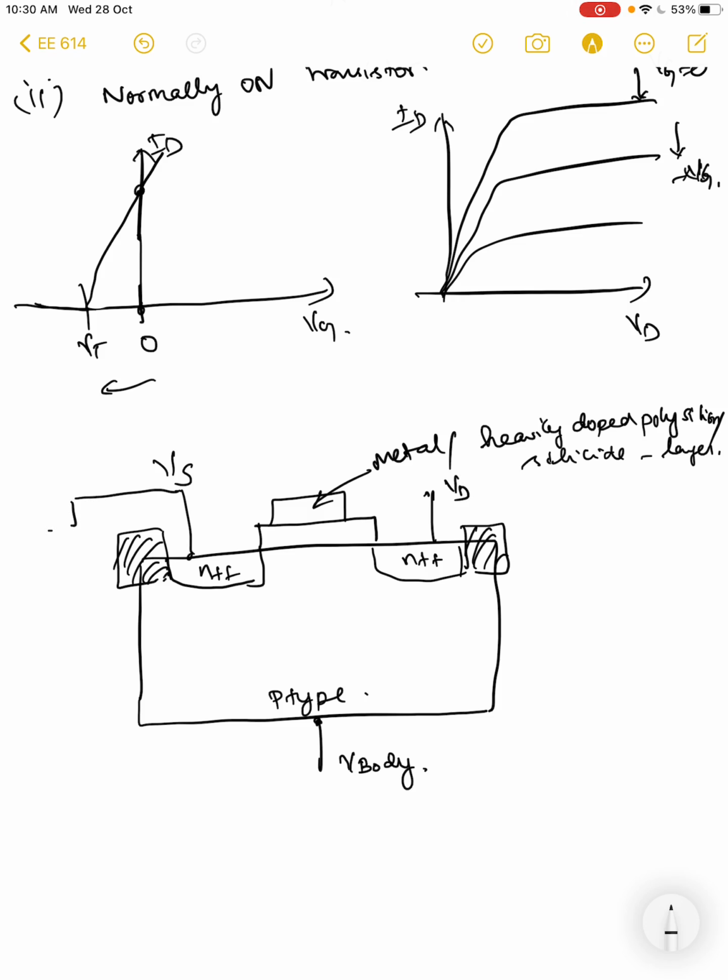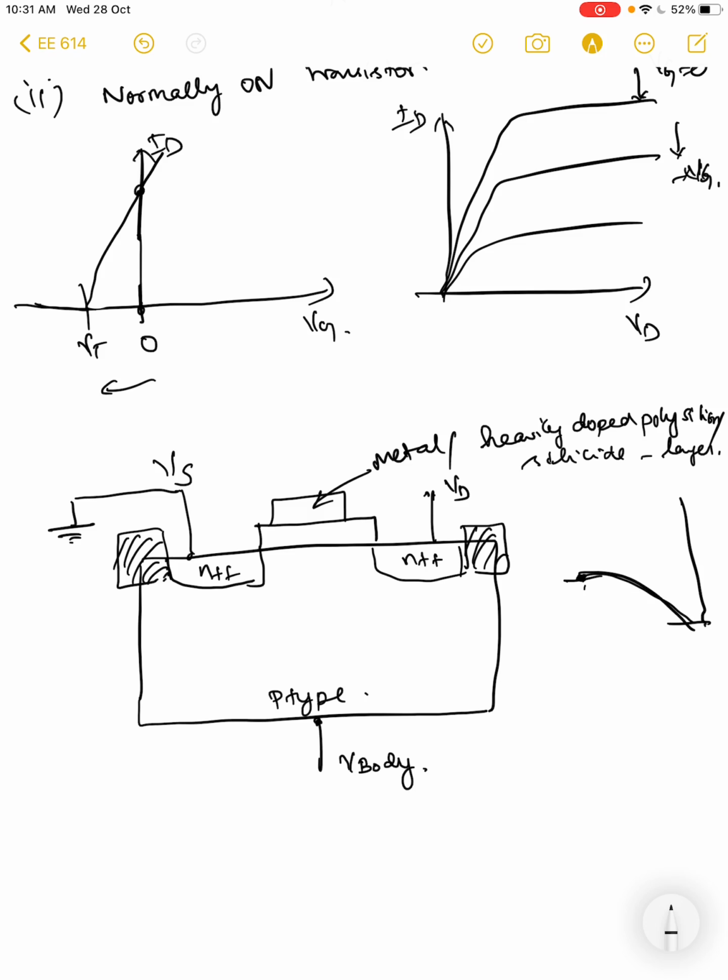We typically ground the source of the transistor, right? So when we apply a positive bias at the drain, I suppose you remember that if I apply a positive bias, you typically lower the work function, right? And you make this now smaller than the source so that the electrons can now move from source to the drain. That's the reason why you typically call this the source, because the electrons will move from the source to the drain.